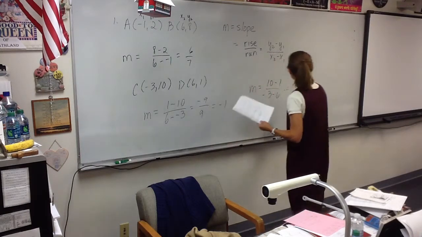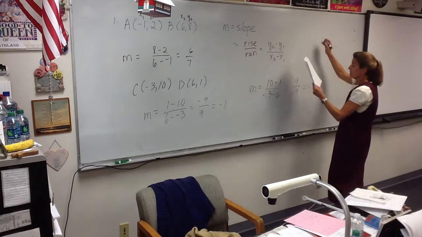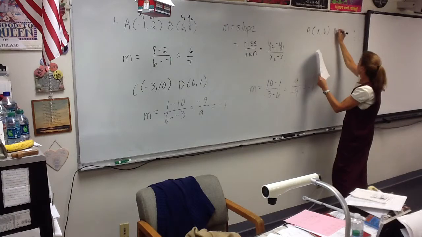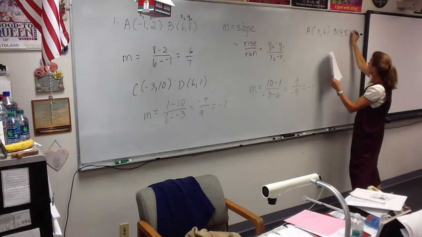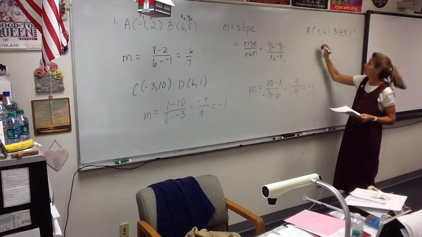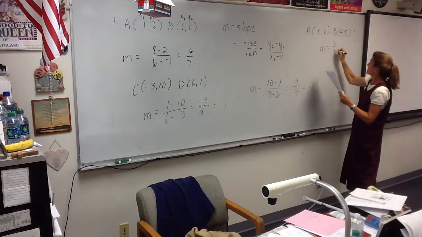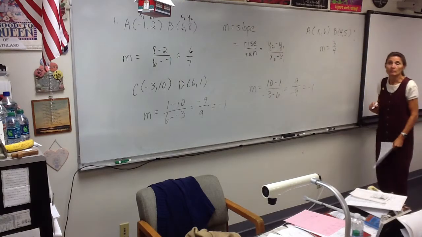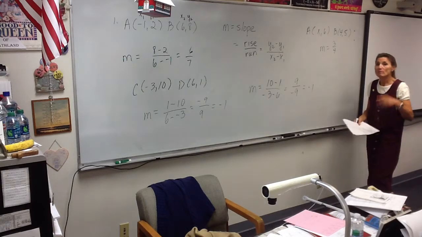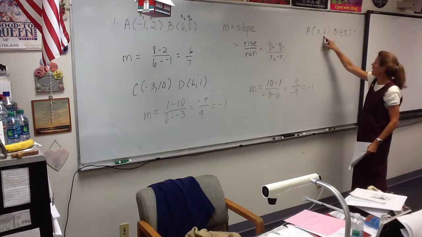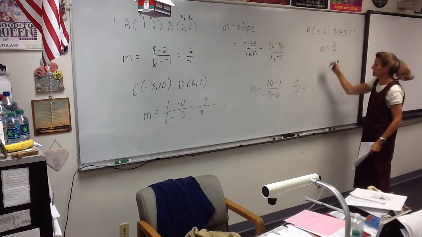Now, part 2. This time, we're going to use exactly the same idea, but this time you have been given only half a point. See, it's missing. And you're told what the slope is. Now remember, how do we find slope? We take y minus y over x minus x.